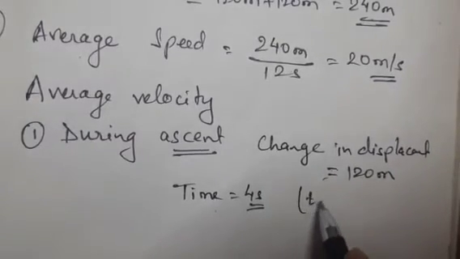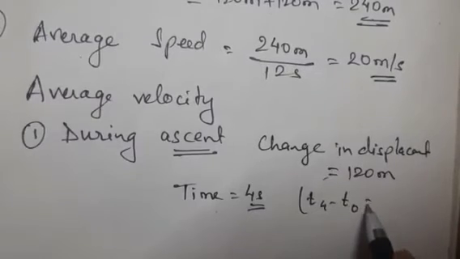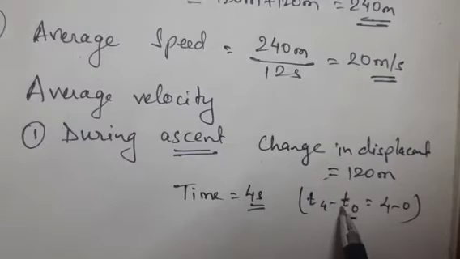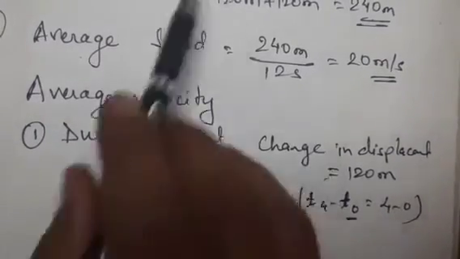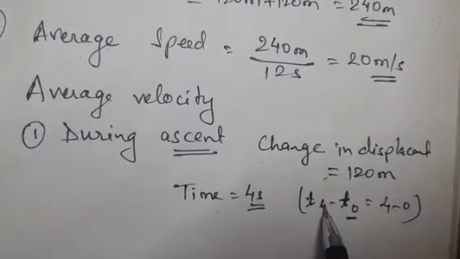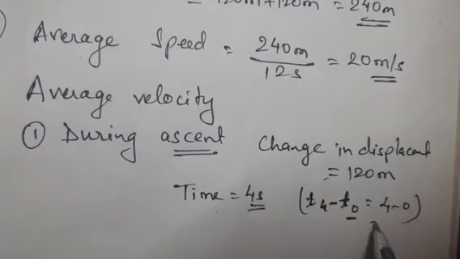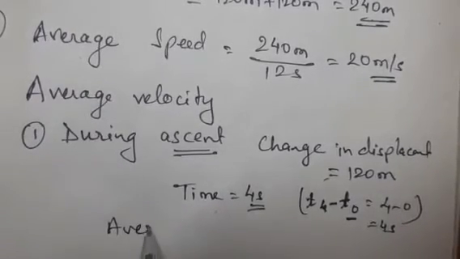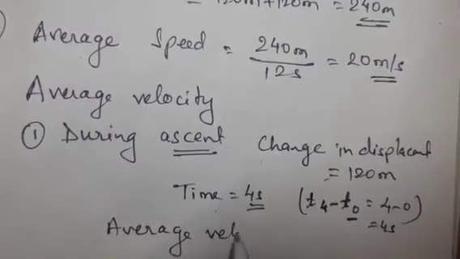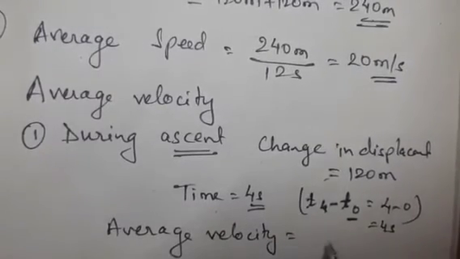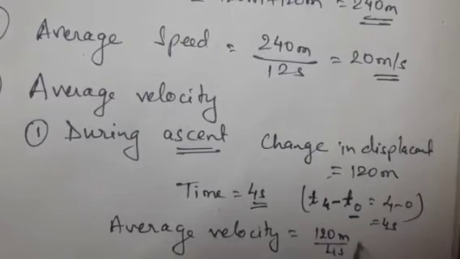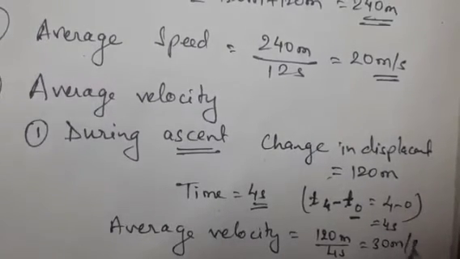That is t4 minus t naught. We can write it like this, that is 4 minus 0. T naught represents the time at which this motion began, and t4 is at the end of 4 seconds. 4 minus 0 is equal to 4 seconds. So average velocity becomes 120 meter by 4 seconds, that is 30 meter per second.